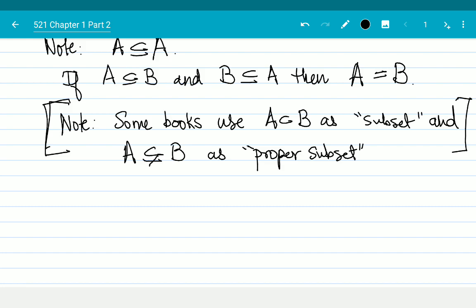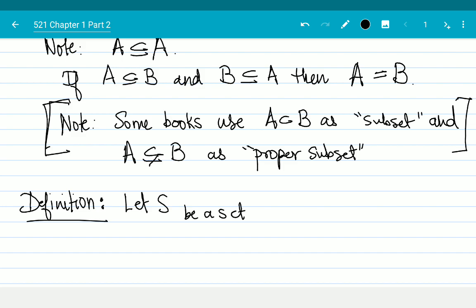Now some other definition, a definition of order. Definition: let S be a set.